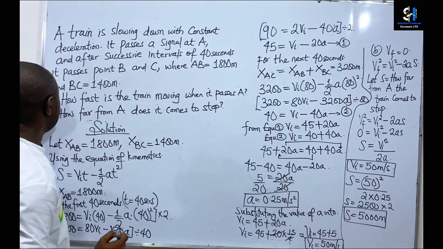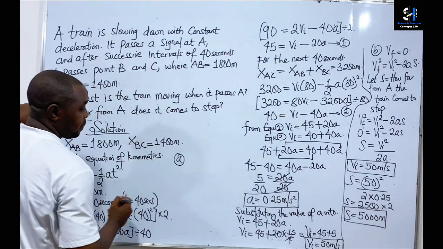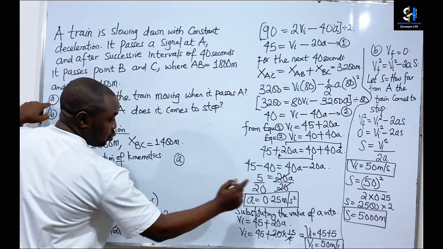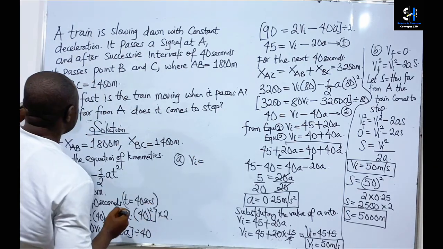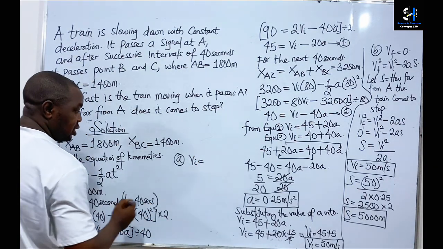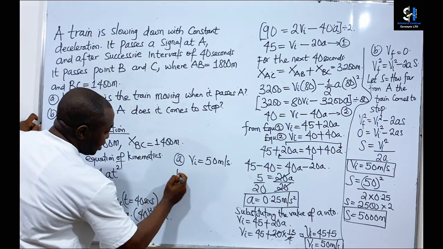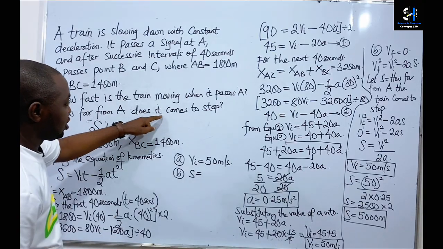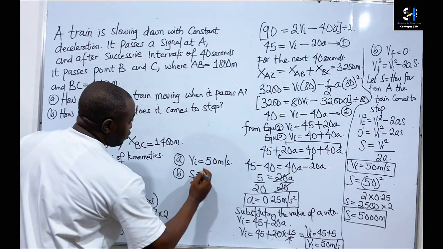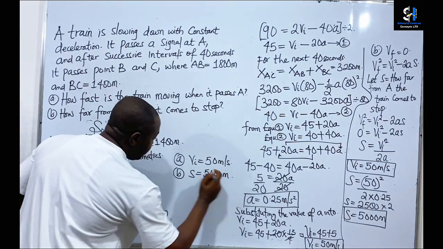So for question A, the initial velocity is 50 meters per second. Then for B, how far from A does it come to stop? That is 5,000 meters.